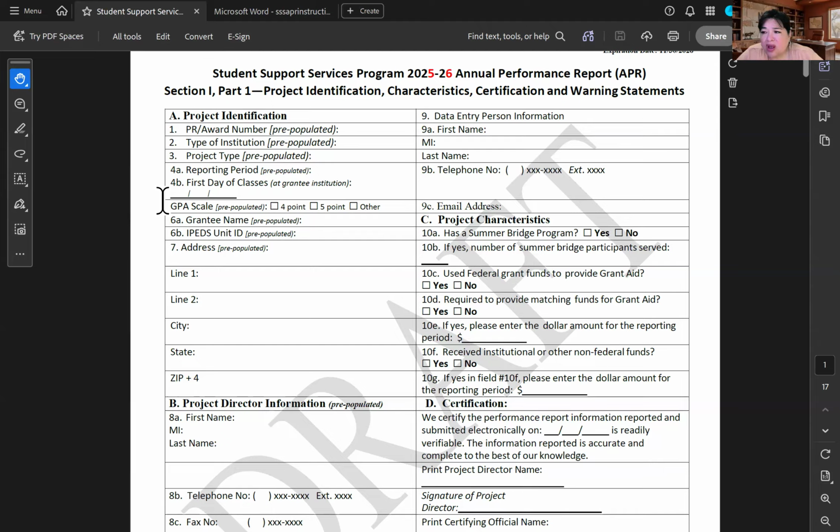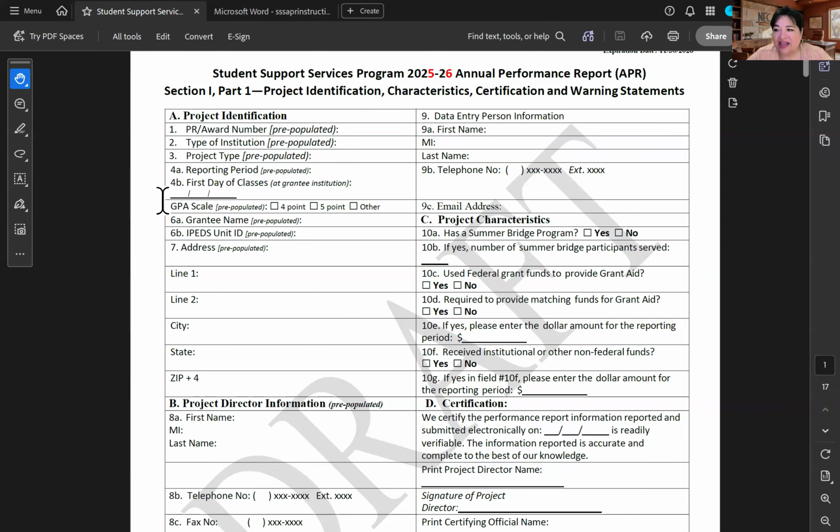It looks like it was probably toward the end of September. That would be the answer there. So that's the first day of your reporting period. Then that would go on until the day before classes start for fall of 2026. So in order to get back on track, you may have to shave off part of your year in one APR.